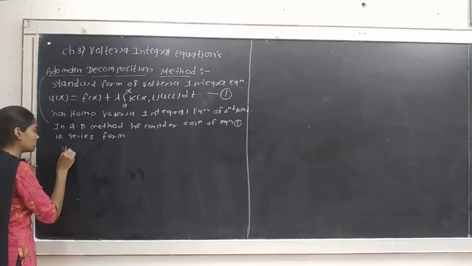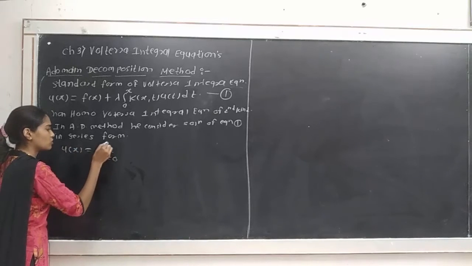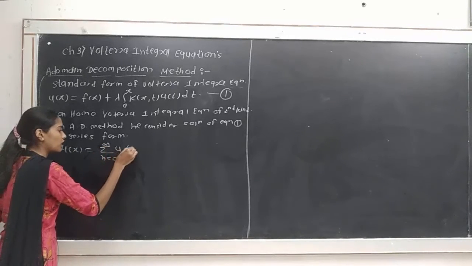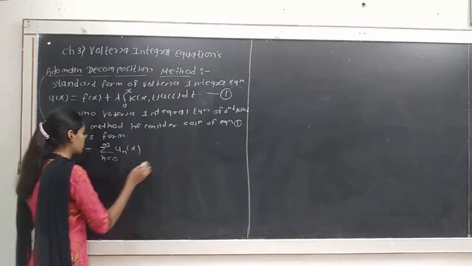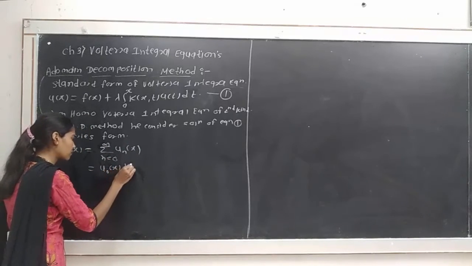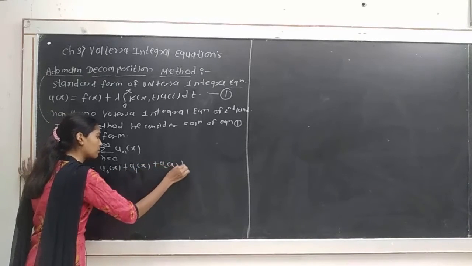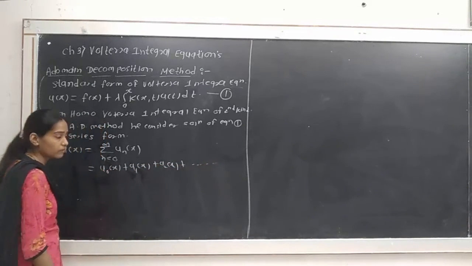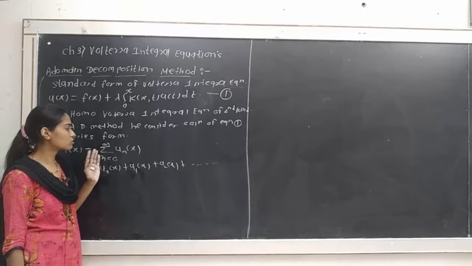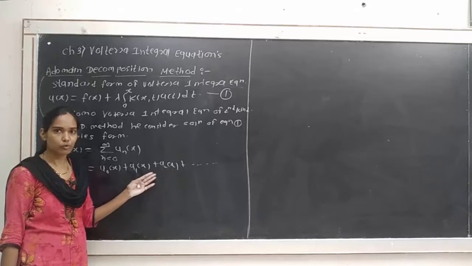We consider u of x is equal to summation n equals 0 to infinity u n of x. We can split that as u0 of x plus u1 of x plus u2 of x and so on. That means we consider the solution u of x as the addition of these components.